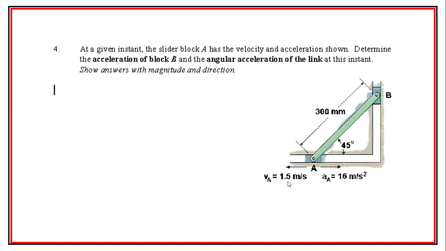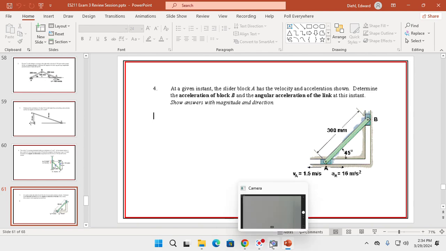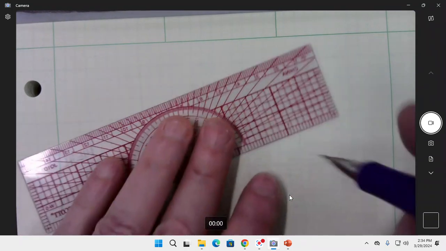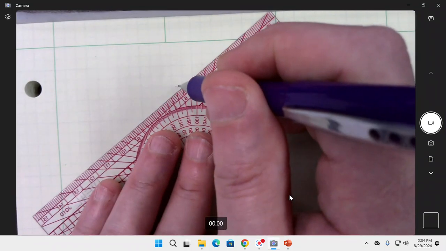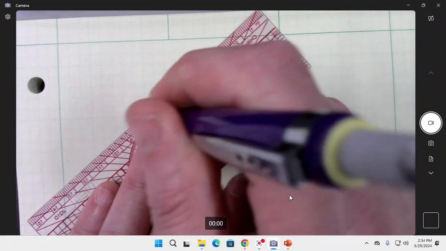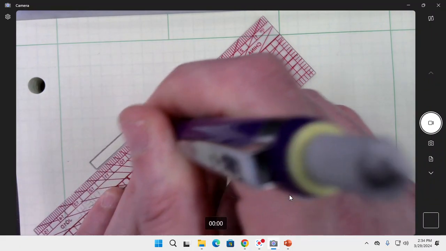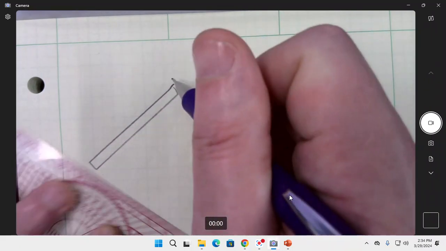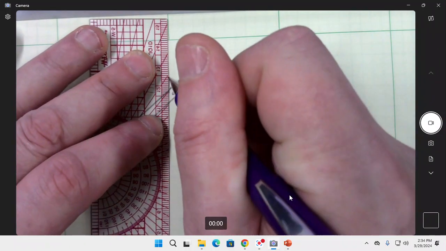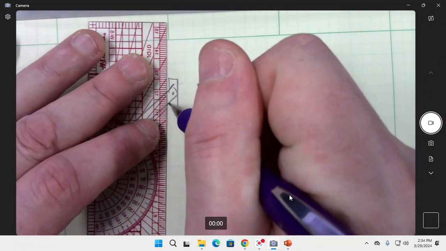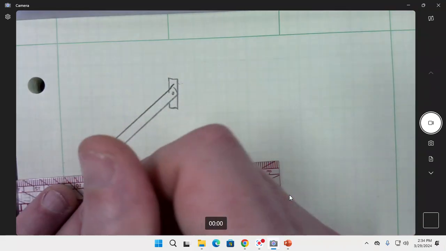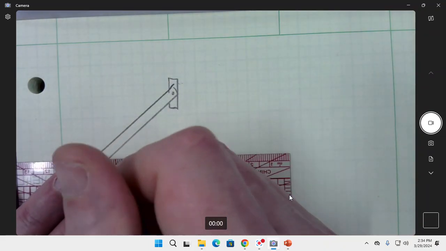All right, and it's at 45 degrees. Honestly, I think that 45 degrees is sort of a cop-out when creating a problem, because it doesn't measure whether people can figure out what the angles are.